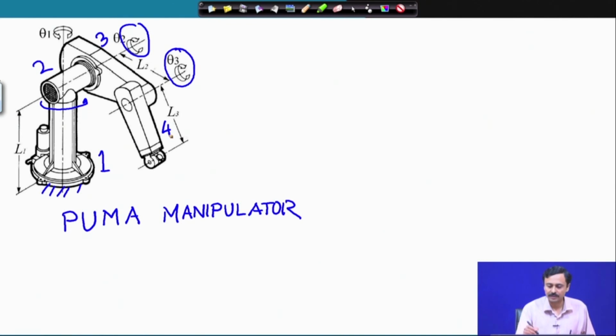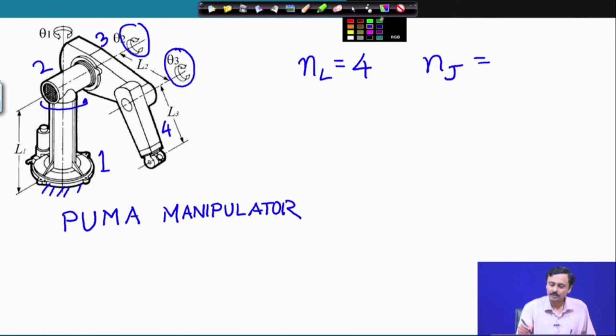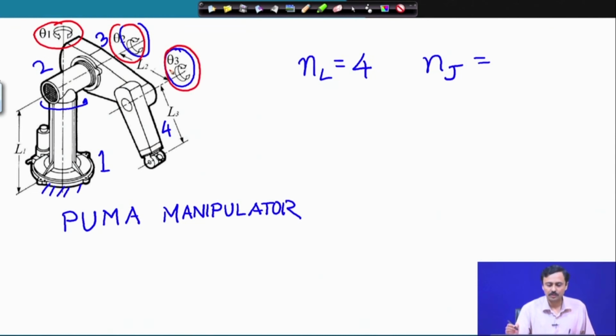So, once again our calculation is straightforward: number of links is 4, number of joints, 1, 2, 3. So, 3 revolute pairs. So, 3 joints, summation of degree of freedom of individual joints, they are all revolute pairs, so 3.